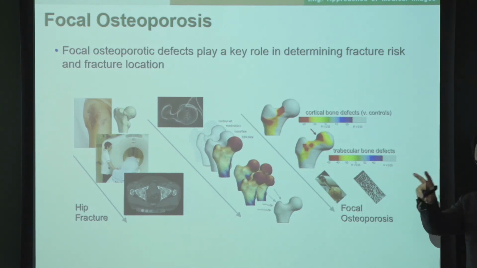If you're comparing those two, the differences show in this color. You see that this top area is called the superior area, the superior femoral neck, and even the trabecular bone. And also the backside of the femoral head is a weak point, which shows big differences.